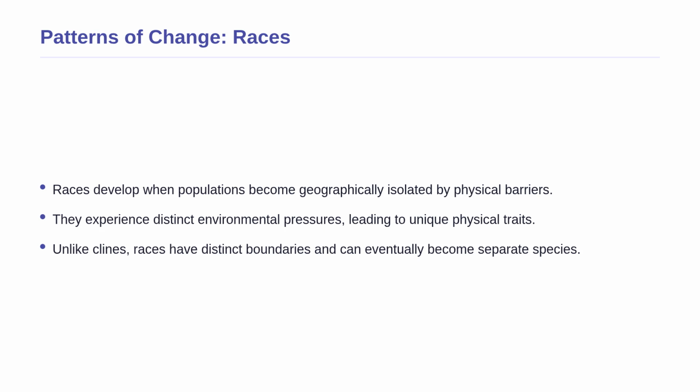Unlike the smooth gradient of a cline, races often have very distinct boundaries because of these physical barriers. If these races remain separated for a long enough time, the microevolutionary changes will continue to pile up until they eventually cross the bridge from microevolution to macroevolution, becoming entirely separate species.